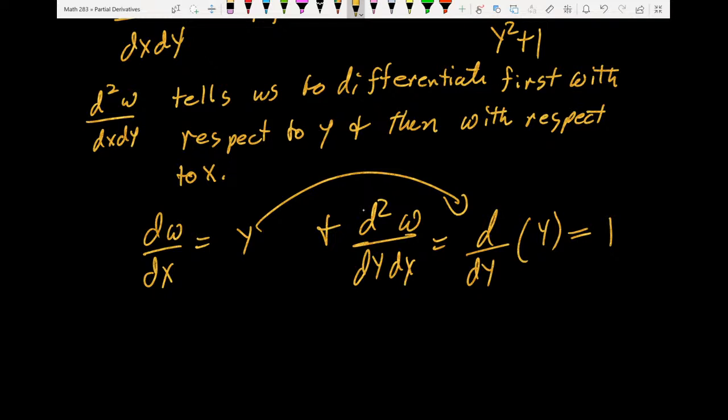I get that part, but I was confused because it has a second derivative. No, d squared means you have a total of two derivatives happening. So another way of looking at that is you're doing d of dw.